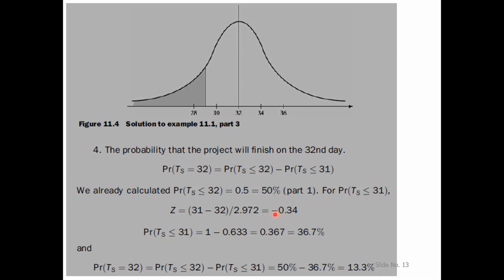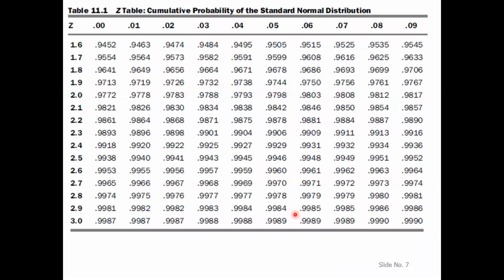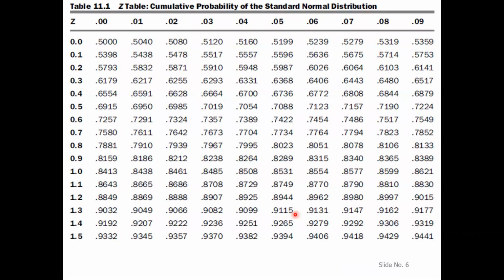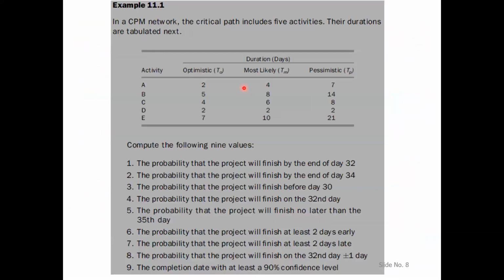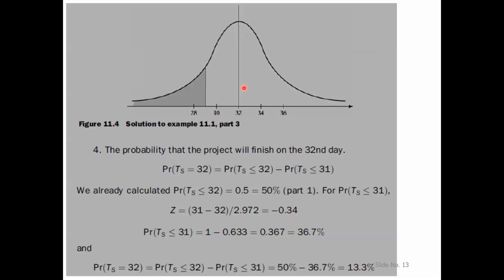Since the answer is negative, we will just ignore the minus sign temporarily and read the value of 0.34. The value is here, 0.6331. Then we subtract it from 1, that is 36.7%.